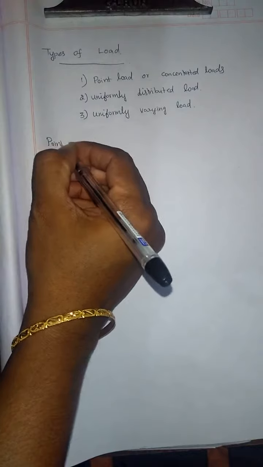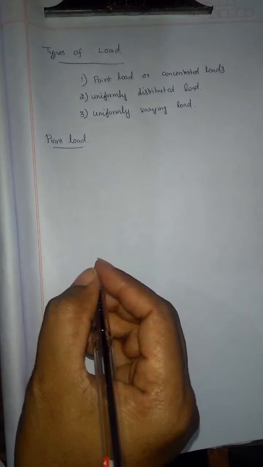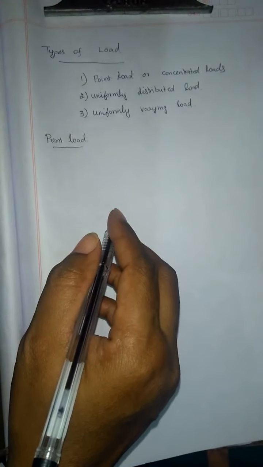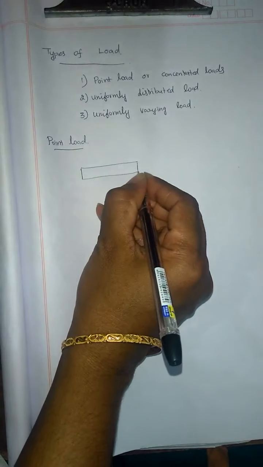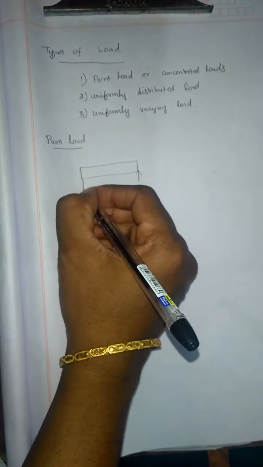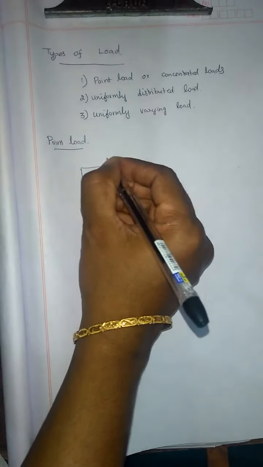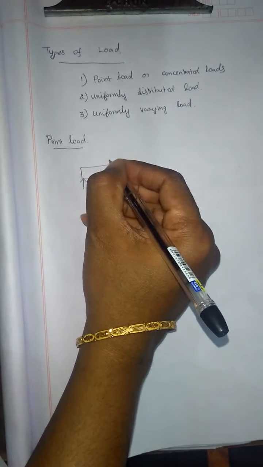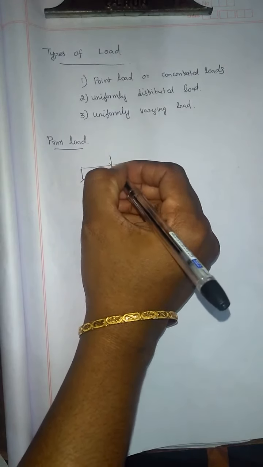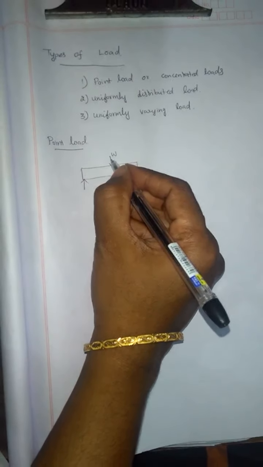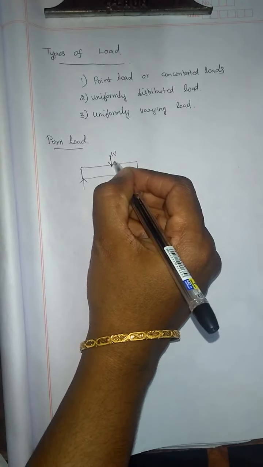The first one that we saw is point load, or otherwise known as concentrated load. The point load or the concentrated load is one which is considered to act at a point. If we take a simply supported beam, the point load is considered to act at a single point.